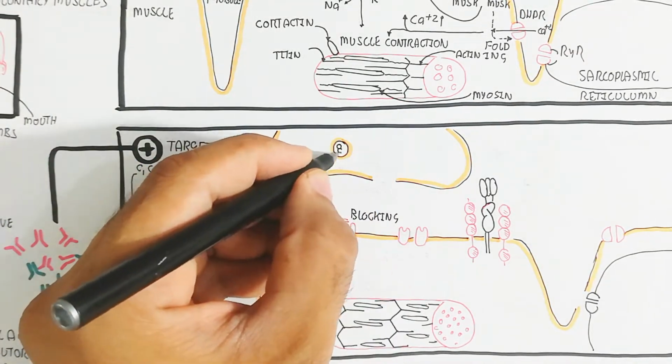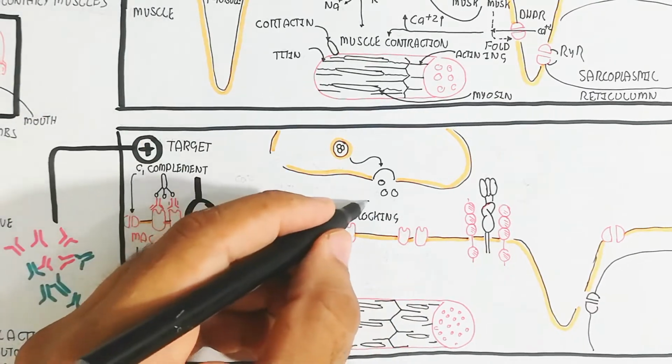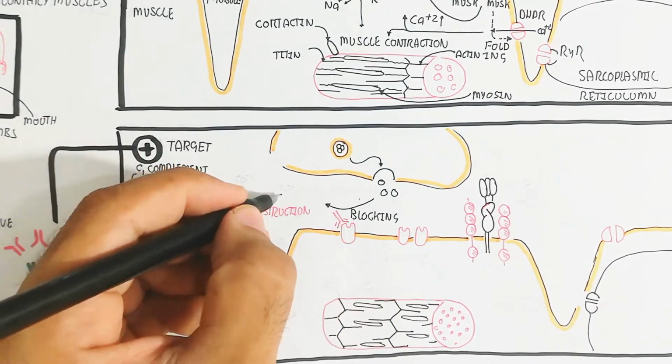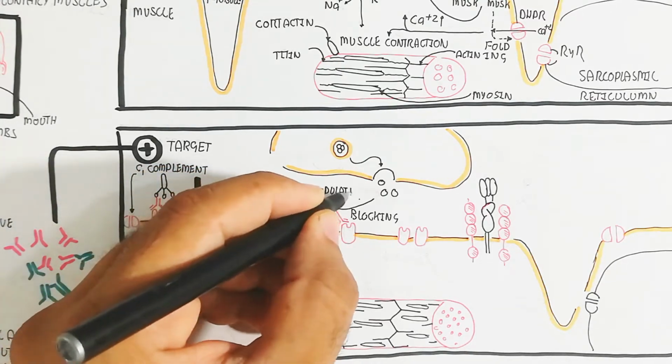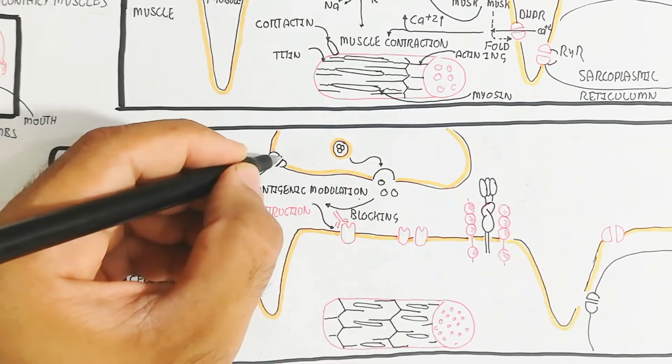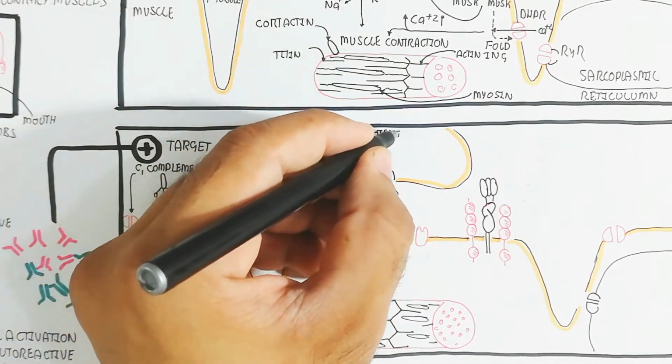Here the fold destruction also occurs due to C1 complement system activation, while here there is blocking of the acetylcholine receptor due to the binding of antibodies against the acetylcholine receptor.